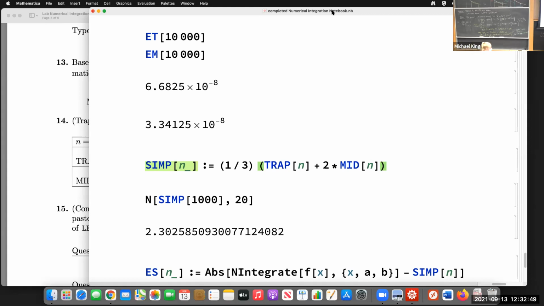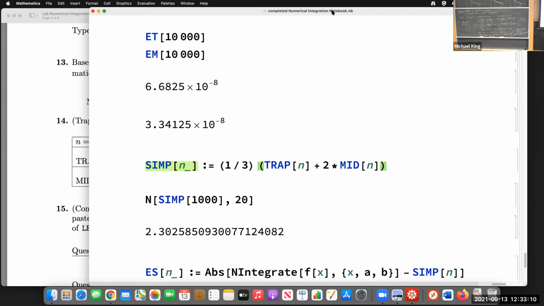It's insane. Sorry, I need to do the N command with, let's say, 20 digits. And then let's compare that to the natural log of 10.